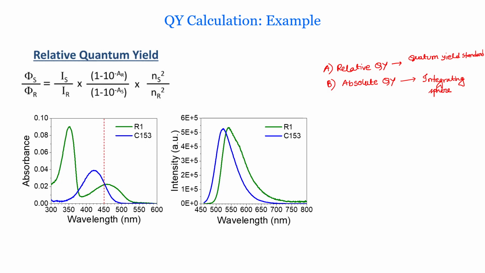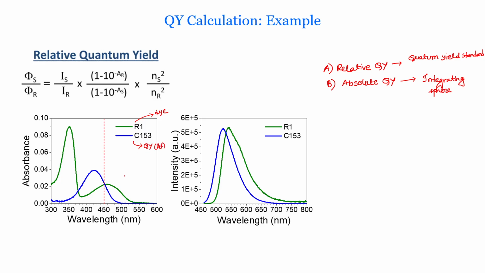Here in the graphs you can see real data from my experiments. This is absorption, this is emission. My compound is R1, and this is my dye, and this is also a dye, but I am talking about it as the quantum yield standard or reference.